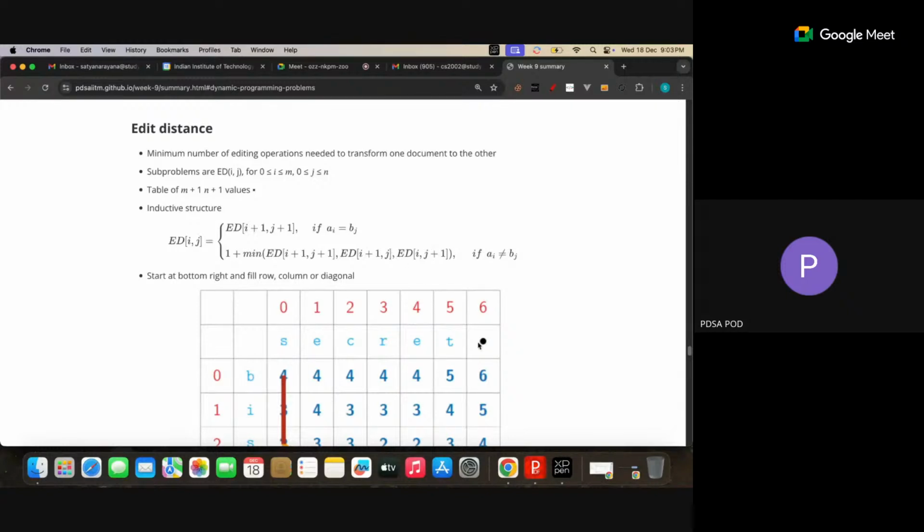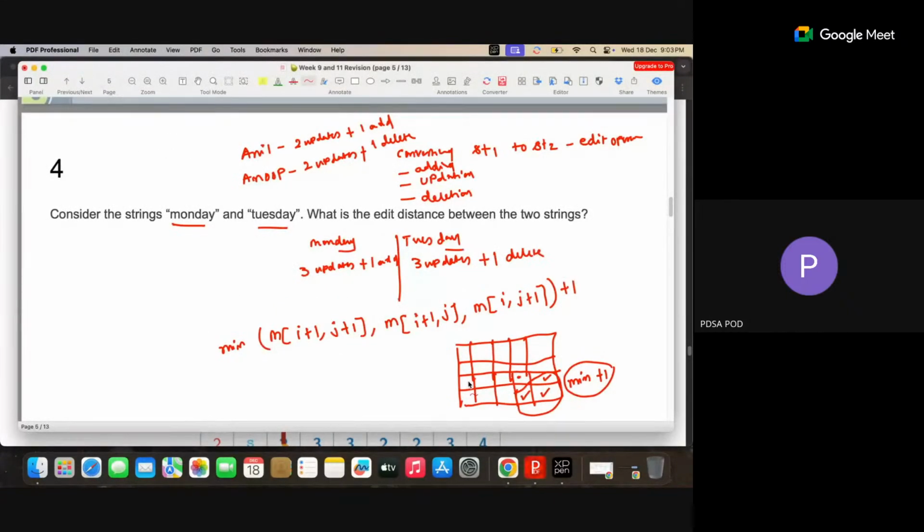But the current answer here is 4, because 4 operations we need to do: either 3 updates and 1 add, or 3 updates and 1 delete. That is converting the first string to the second string. Hope you got it.